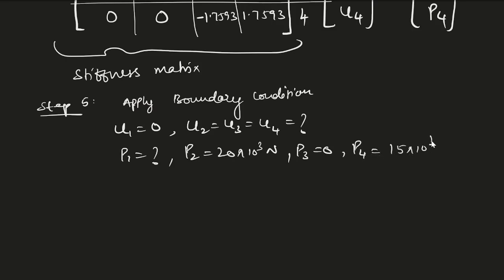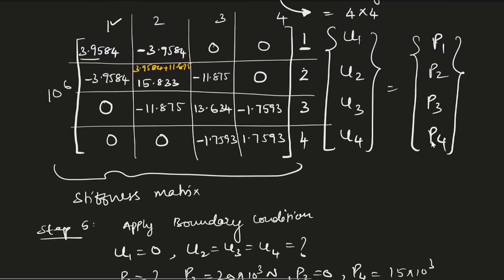Now we have to put all these values over here. So P1 we have to find out, P2 will become 20 into 10 power 3, P3 will become 0 and P4 will become 15 into 10 power 3. So these are the values we got. Now we have to frame the equation.